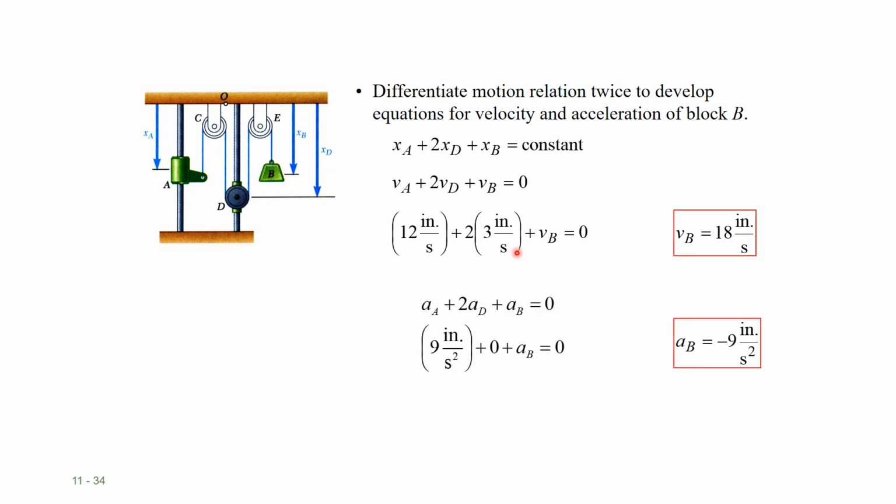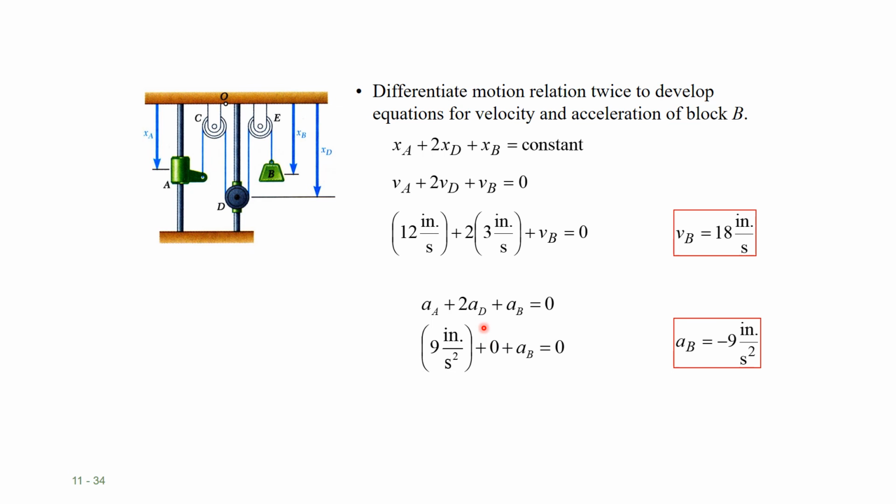Walking from velocity to acceleration, we have the same ratios here. So 1, 2, 1. We're just taking the next time derivative. And we have A is accelerating. We had to solve for that. Remember solving for that constant acceleration problem? D was constrained so that it was moving at a constant velocity.